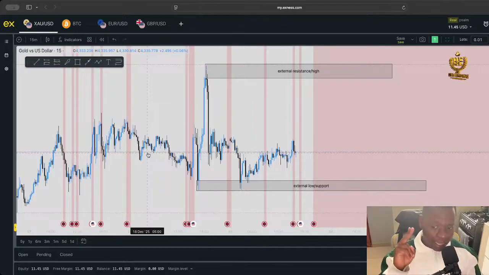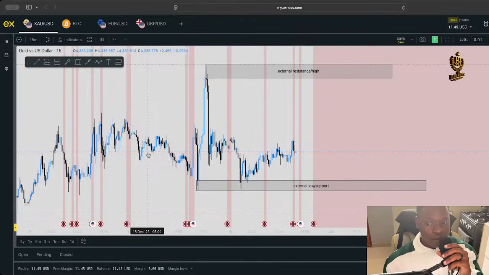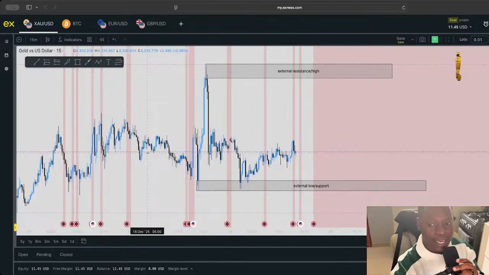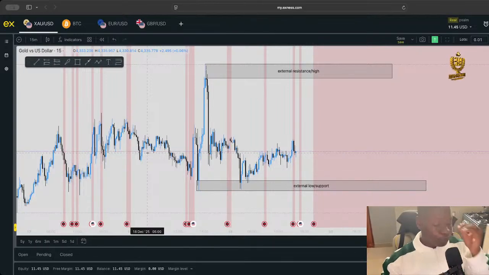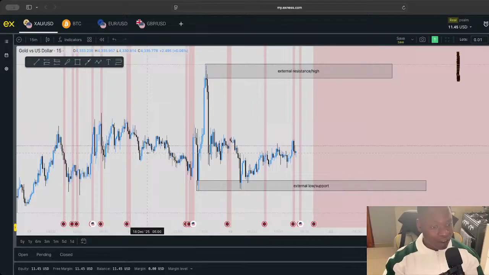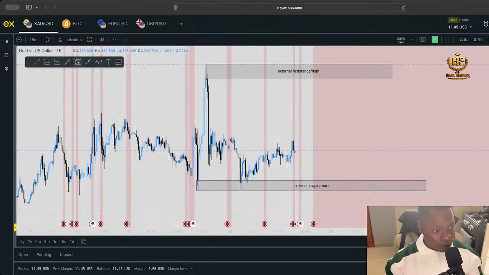Then the second thing that I always go for, after the external high and the external low, is the internal lows and internal highs. The first internal high that I'm going to look for is the one that created the external low. So I'll go for this high here.